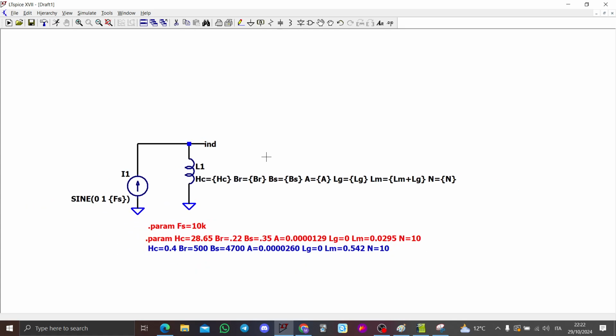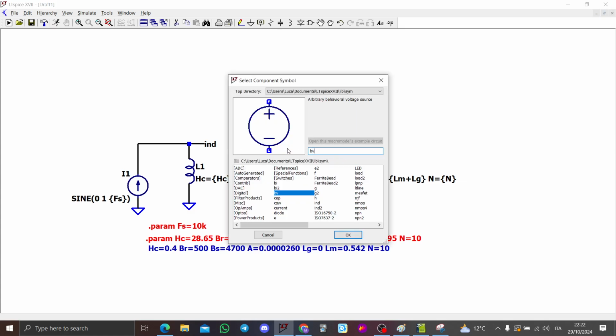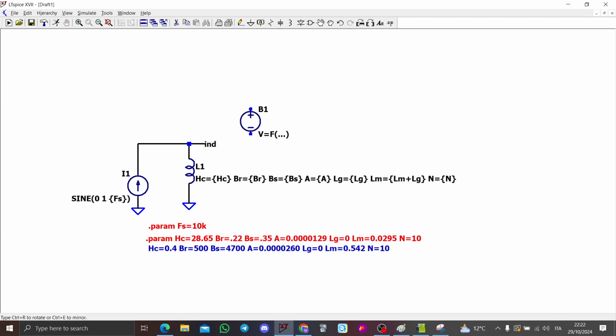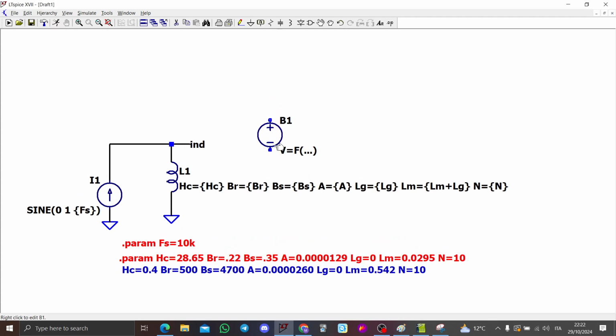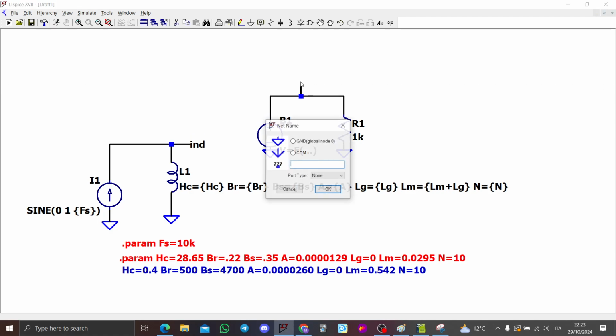Okay, so let's use first the BV. We need the inductor.